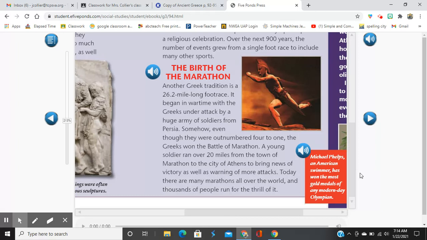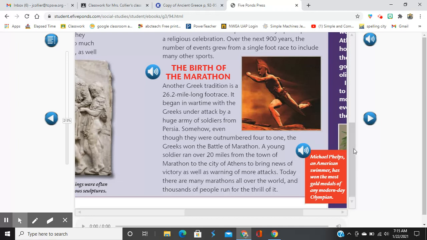Today there are more marathons or mini marathons all over the world, and thousands of people run for the thrill of it. So the first marathon, it was a town, and the Greeks had won the battle of that town, the Battle of Marathon. So then the soldier ran the over 20 miles to get to Athens from Marathon, and that's how the marathon was named.